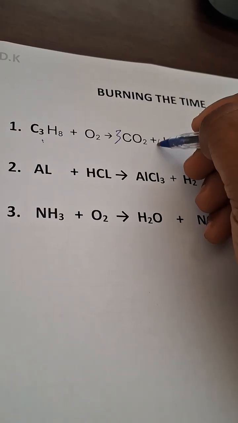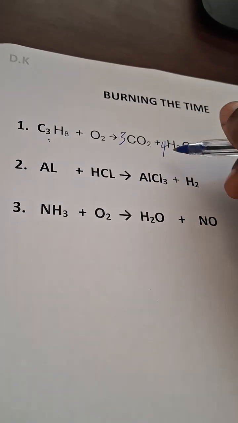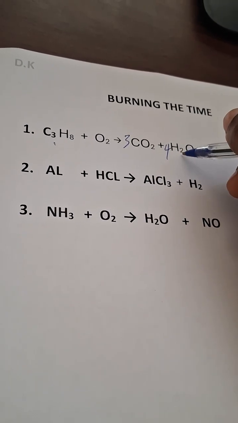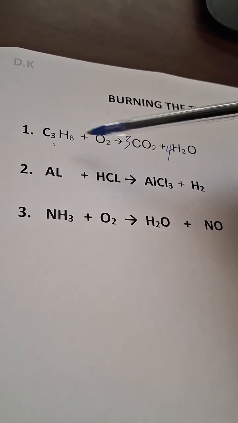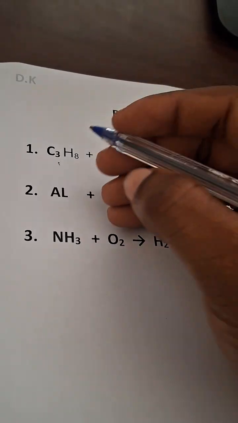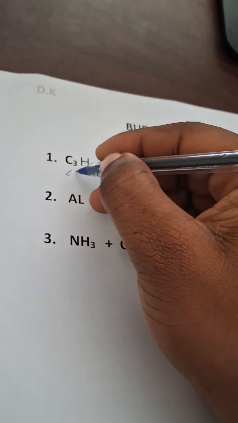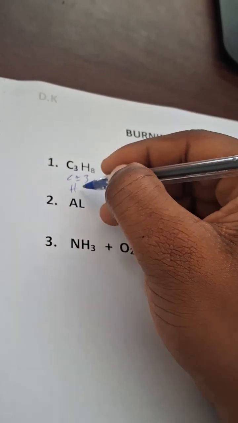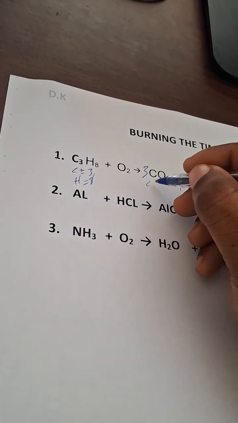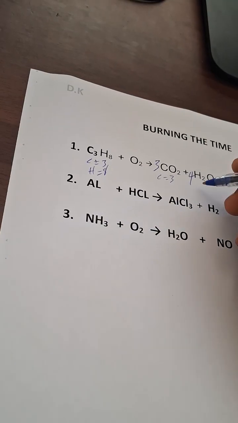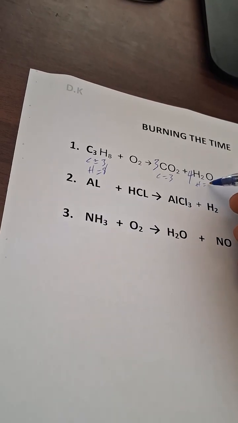So we put 4 over here. When we put 4 over here, 4 multiplying 2 will give us 8 hydrogens. So we have carbon to be 3, hydrogen to be 8 on both sides.